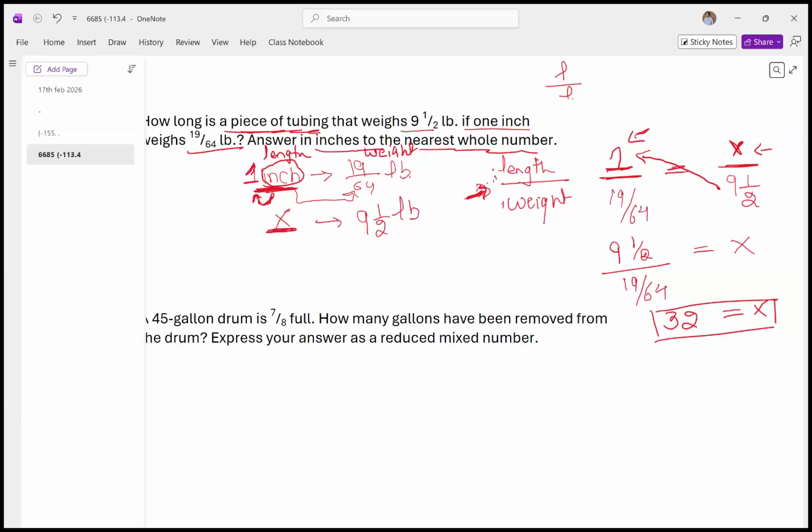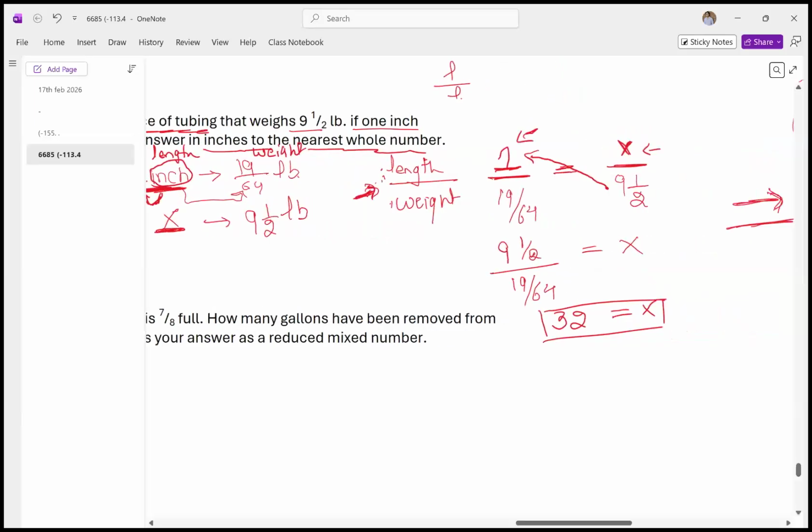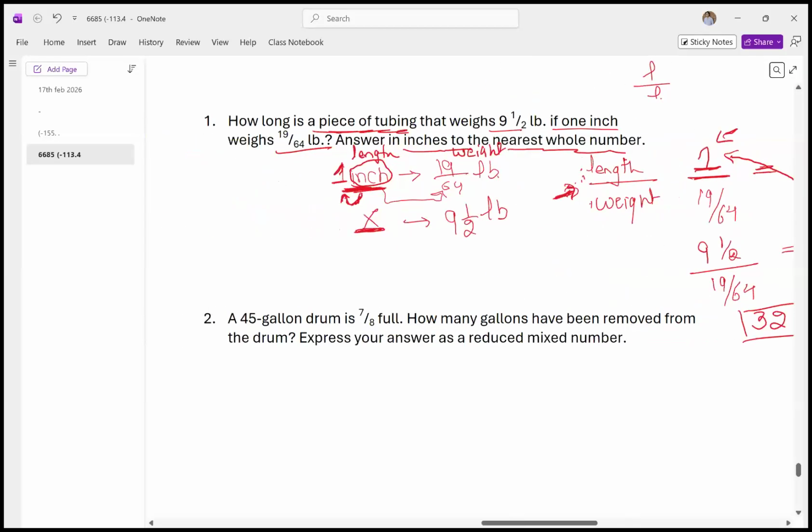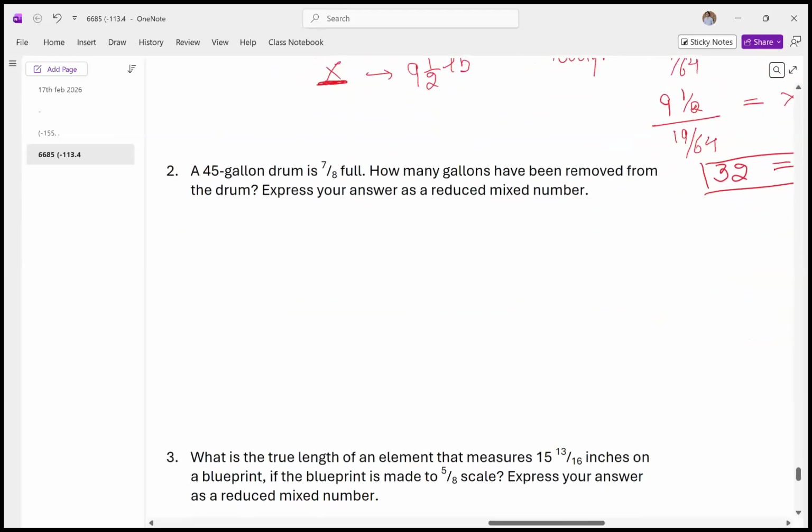All right. Now, the next question we're going to try and solve is this one. This is what I got wrong because I read it wrongly. I read it as 45 gallon equal to 7 over 8. Now let's do this one. A 45 gallon drum is 7/8 full.